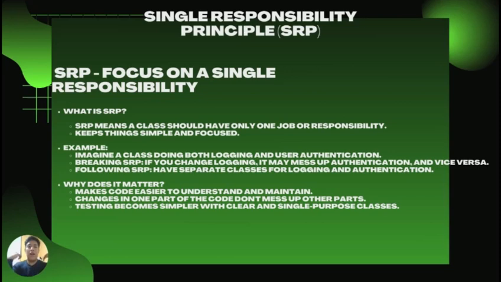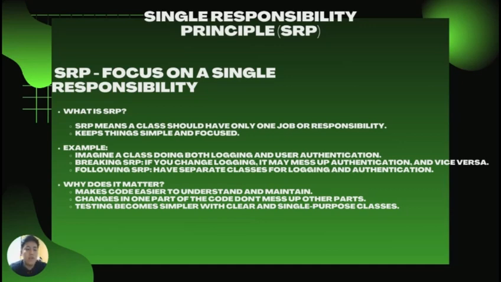Example: imagine a class doing both logging and user authentication, breaking SRP. If you change logging, it will mess up authentication and vice versa. Following SRP, you have separate classes for logging and authentication.